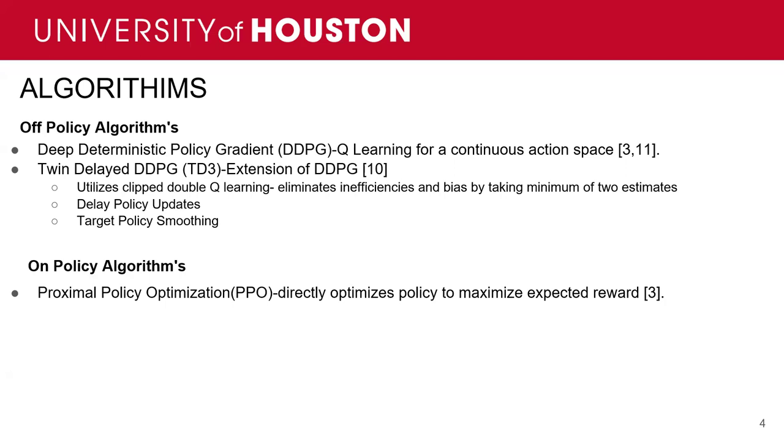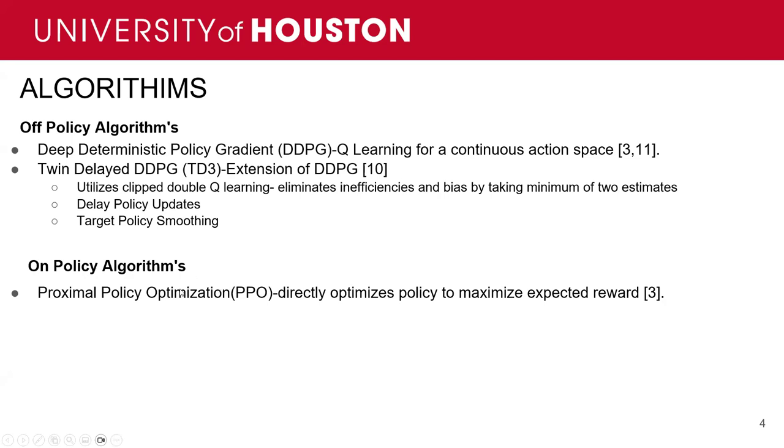And this algorithm here is one of the algorithms that had a lot of success during the previous semester's project. Some of the three key features of this algorithm is it utilizes clipped double Q-learning. So it takes two Q values and takes the minimum of those two Q values to try and limit Q value overestimation. It also has delay of the policy updates and target policy smoothing.